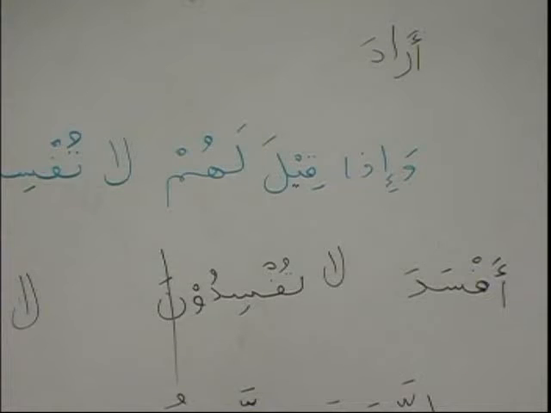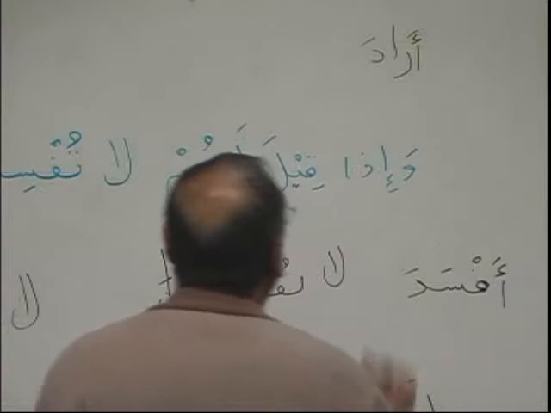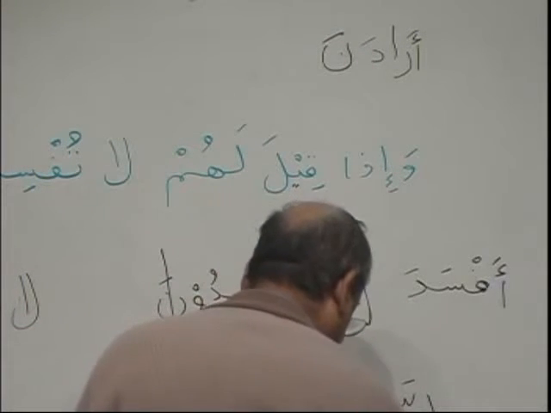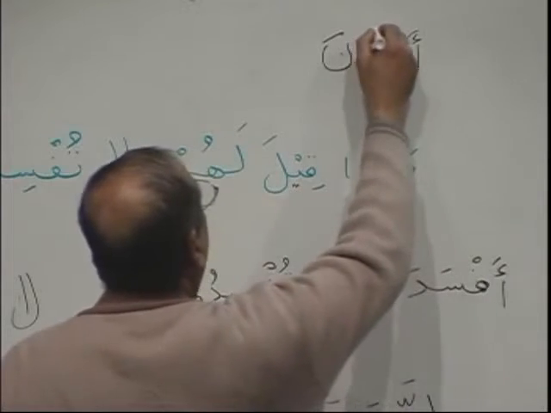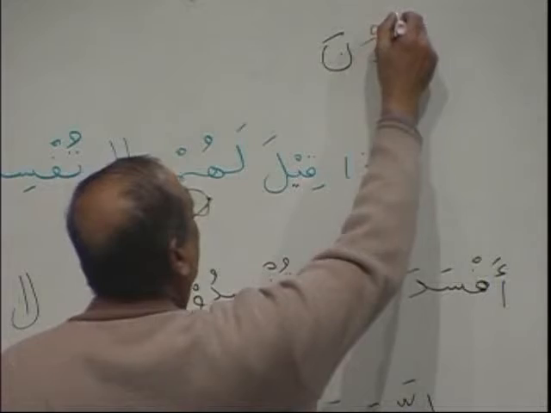Okay, can we conjugate quickly, brothers and sisters? Arada, aradu, aradat, aradata, aradna. How did you get aradna? As soon as you put noon here, you gave a sukoon here. But then there is a sukoon on alif also.